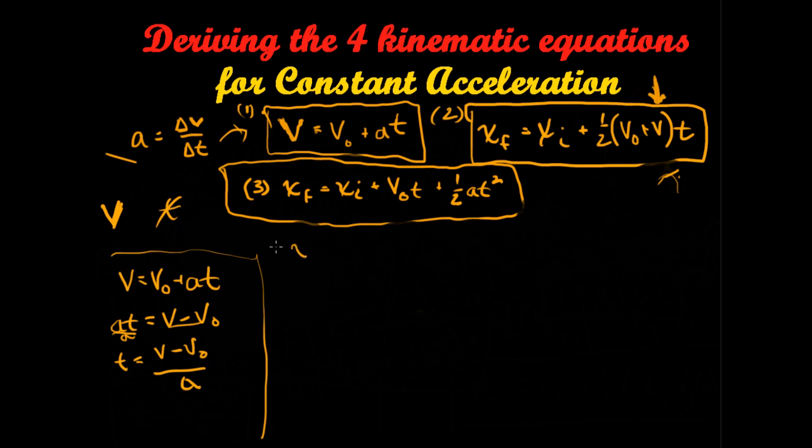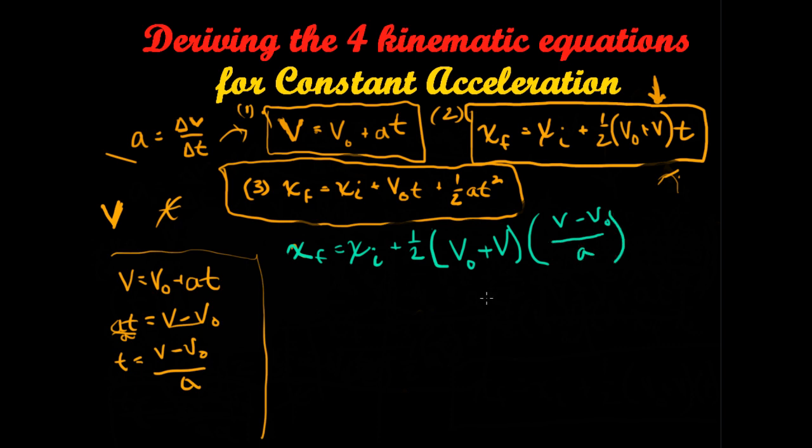So we have the final position is equal to the initial position plus 1/2 of the initial velocity plus the final velocity times time, which is the final velocity minus the initial velocity over acceleration.